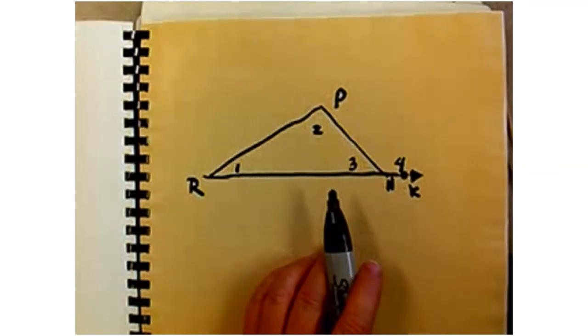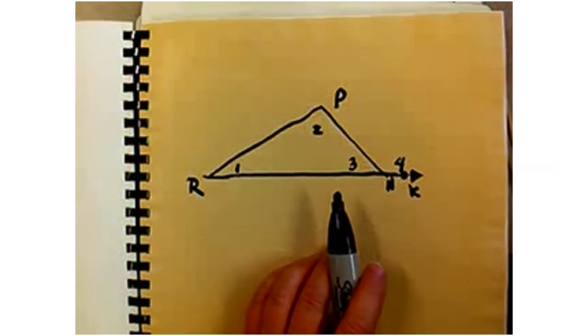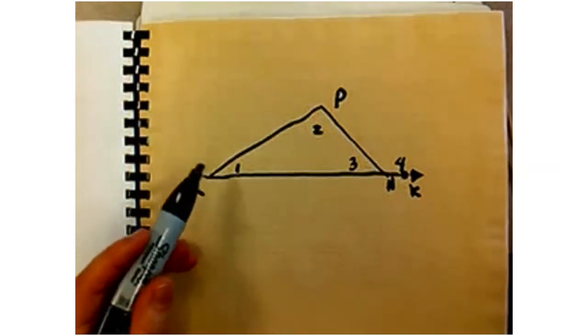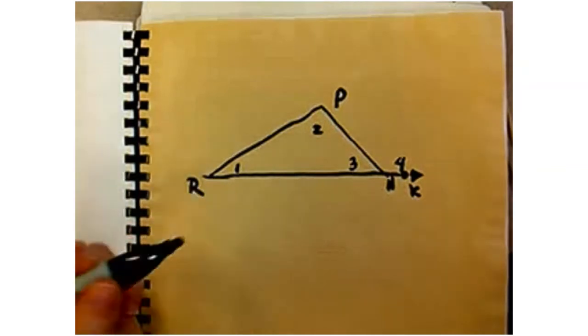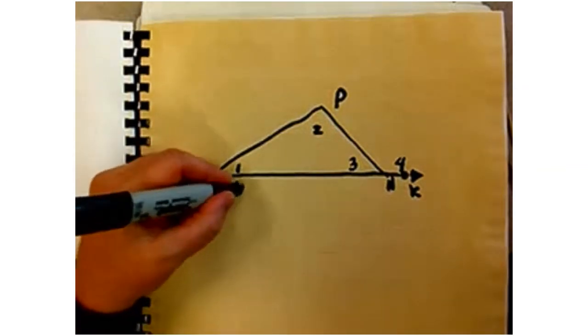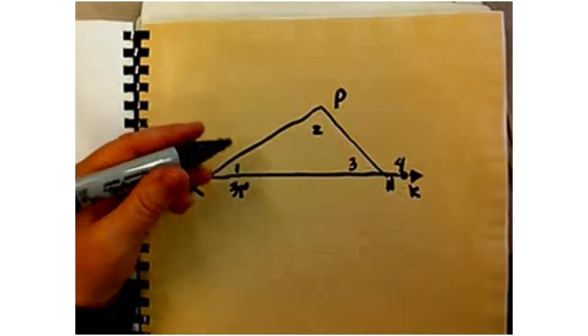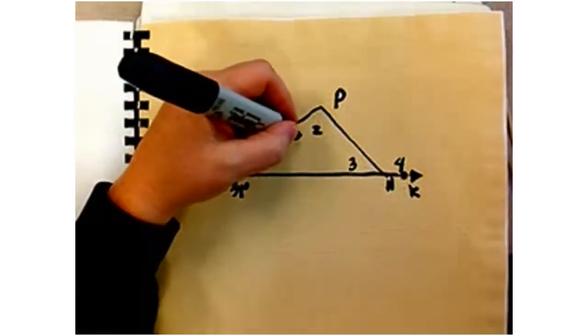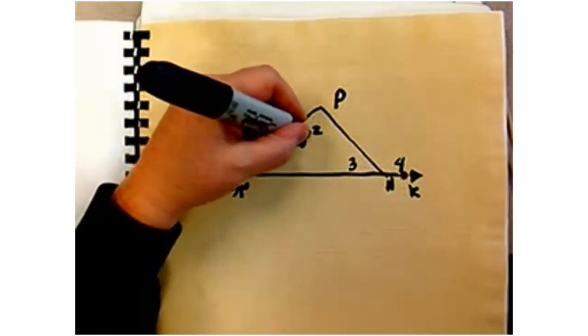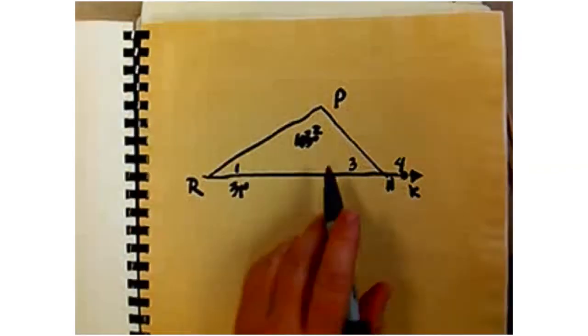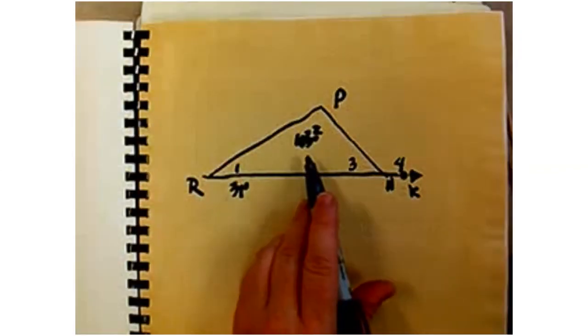And we want to find the measure of the angles. If they give us in a table that the measure of angle 1 is approximately 31 degrees, and the measure of angle 2 is 103 degrees, well, we know by the angle sum theorem we could add 31 and 103, we get 134.